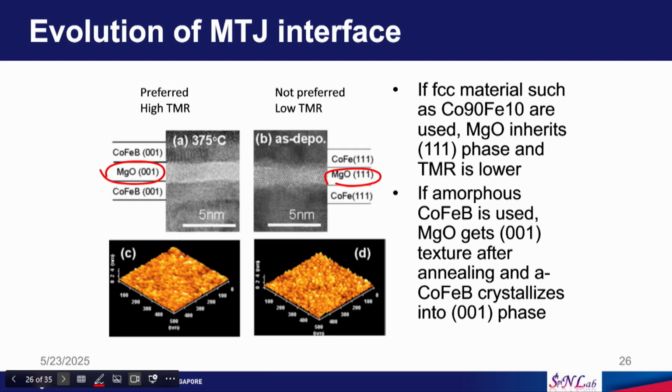Here magnesium oxide is in 001, which agrees with what Professor Butler proposed. But this is not the one he proposed. Here magnesium oxide is in 111 phase. So, if you compare the TMR, this sample gave rise to high TMR, this sample gave rise to low TMR.